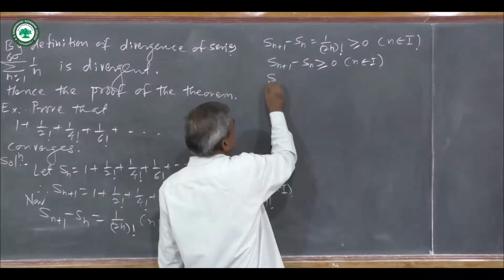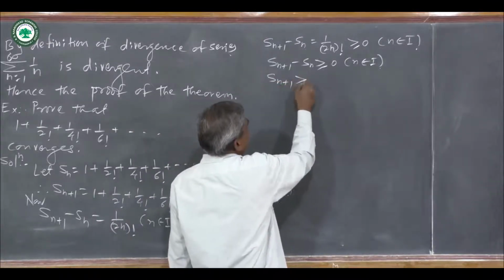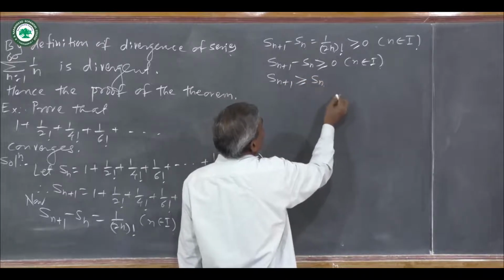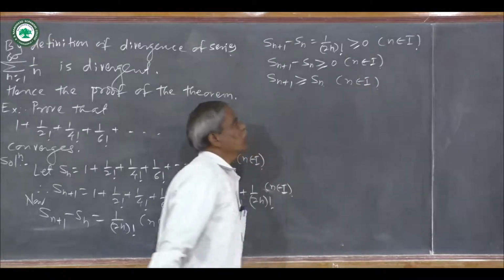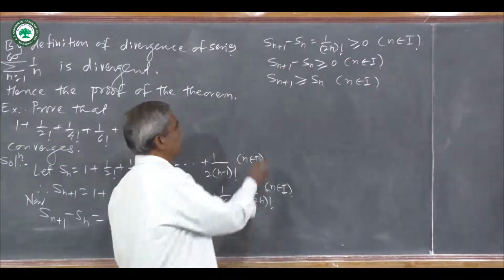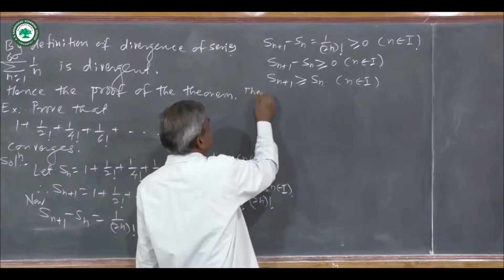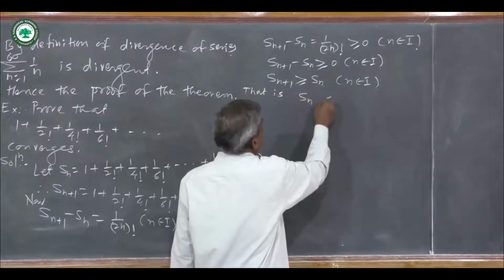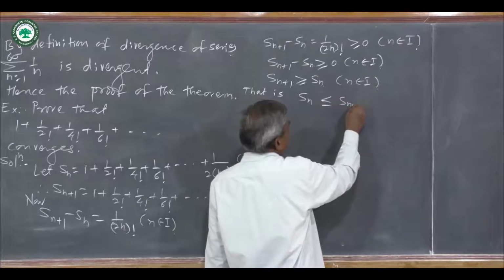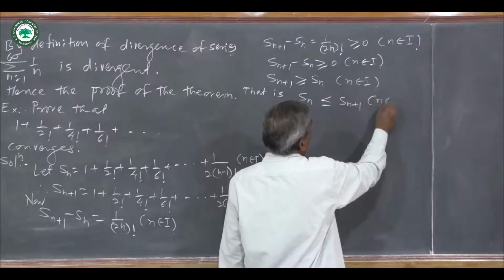Sn plus 1 is greater than or equal to Sn for every positive integer n. That is, Sn is less than or equal to Sn plus 1 for all n.